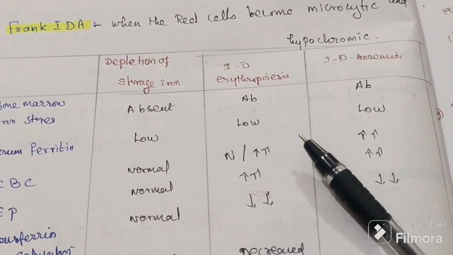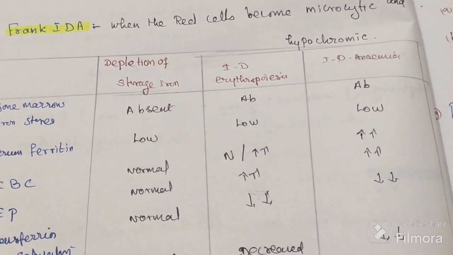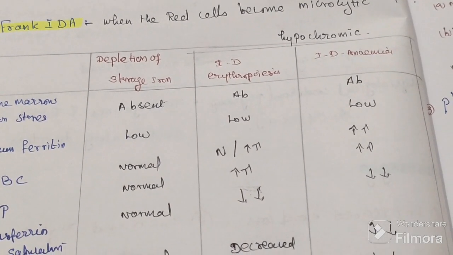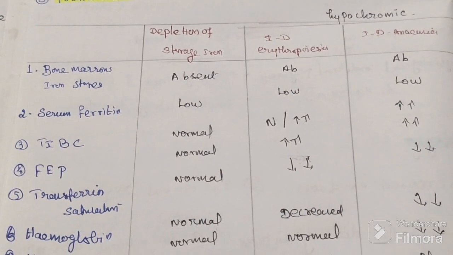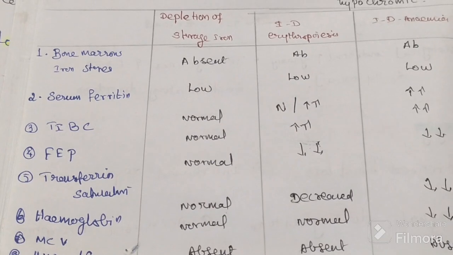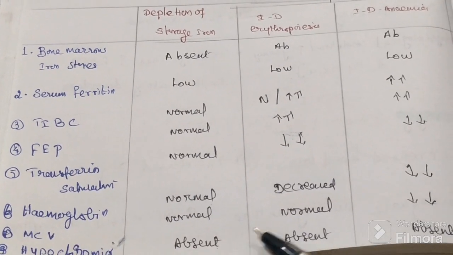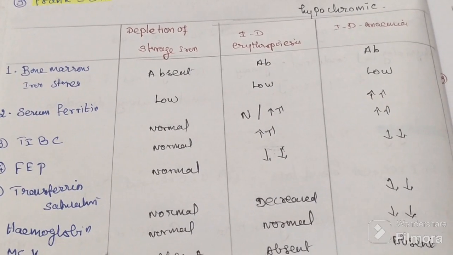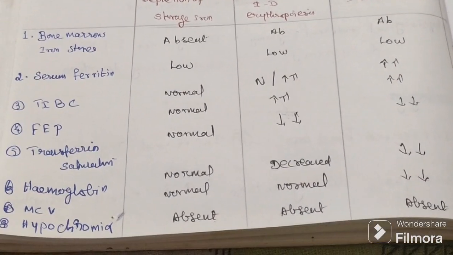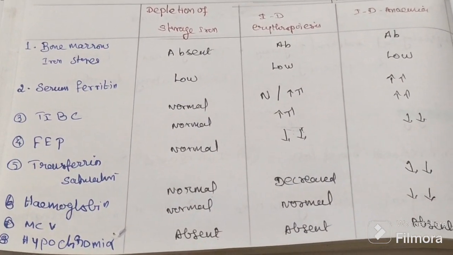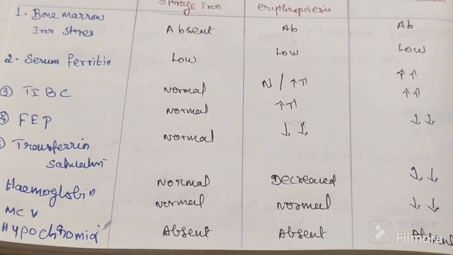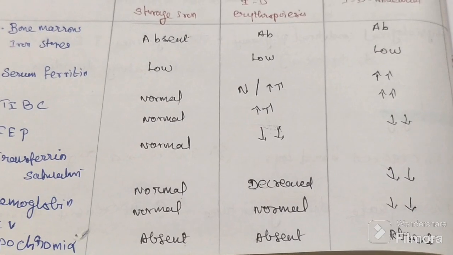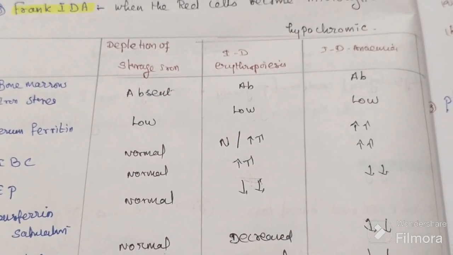Second, iron deficiency erythropoiesis. Ferritin is still low, but transferrin saturation is also decreased, hemoglobin is also decreased, and microcytic hypochromic RBCs are there.